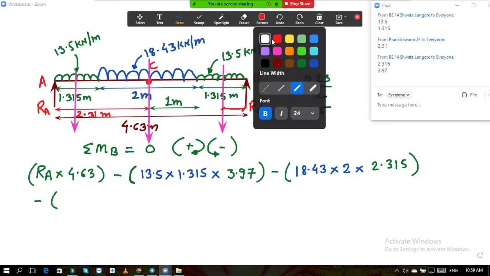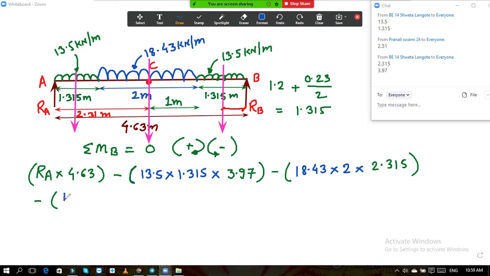So again if I write it, first I will convert this UDL into the point load, 13.5 into 1.315, multiply by the lever arm, which is 1.315 by 2. This is the distance.